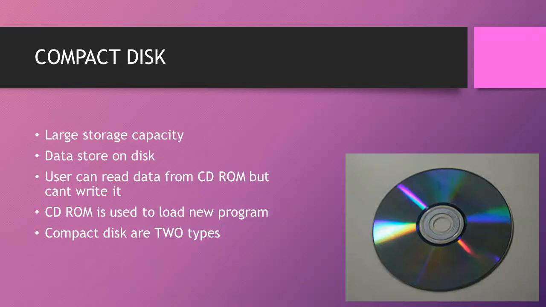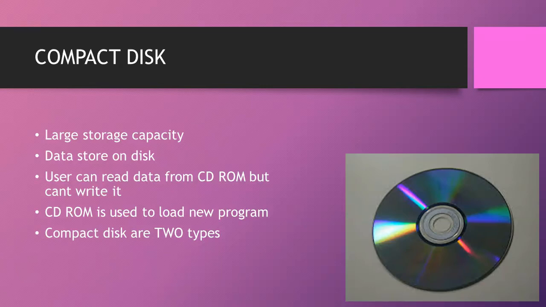So dear students, let's move toward our third secondary storage device. As floppy disks are replaced by compact disks that are most commonly used nowadays, we are going to discuss compact disks. Compact disks are also called CD.